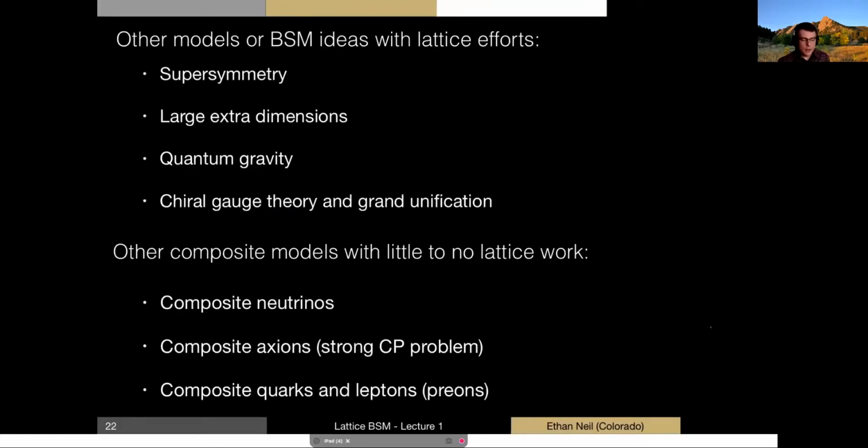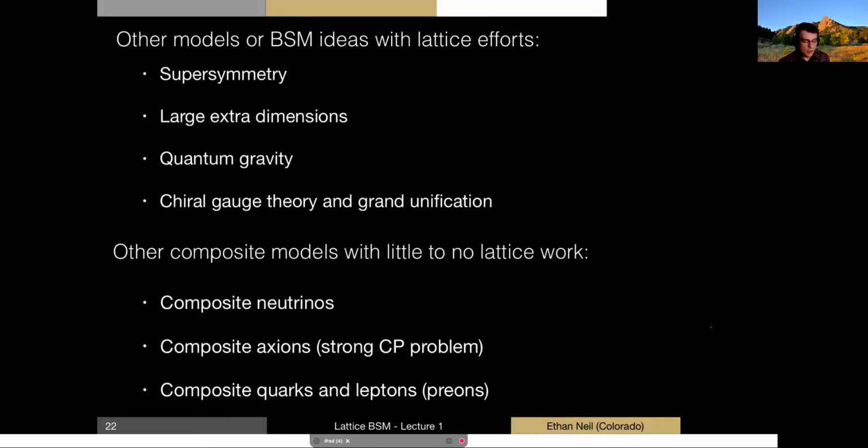Okay. Finally, there are other models, other BSM ideas that have lattice efforts. Just due to time, I can't go into any of this. There are efforts to put supersymmetry on the lattice, which I would say have been largely successful. This is a difficult thing to do. You can ask me for a review of that.